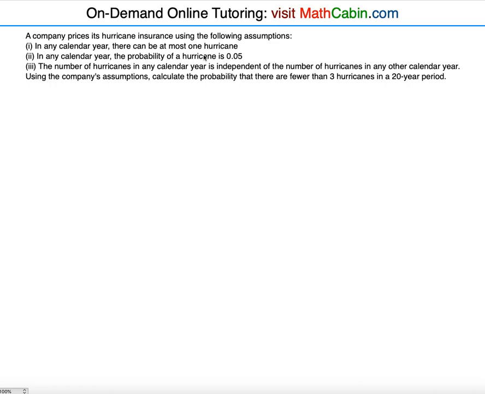So the first thing that you notice, there's an individual probability written for a single hurricane, and also you're asked to find a certain number or less than a certain number. Whenever you see that, you know for sure that it's going to be dealing with binomial distribution. So you're going to let x represent the number of hurricanes in a 20-year period.